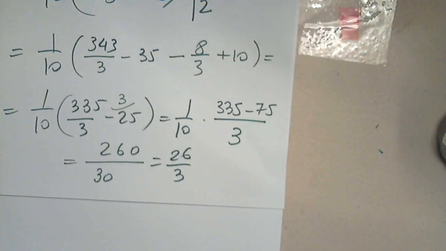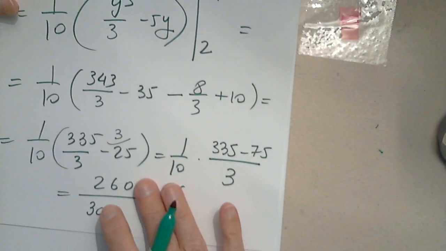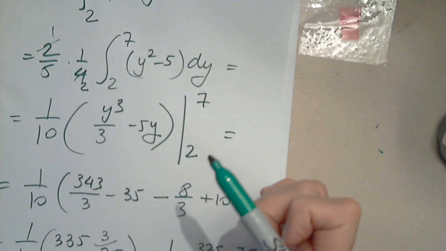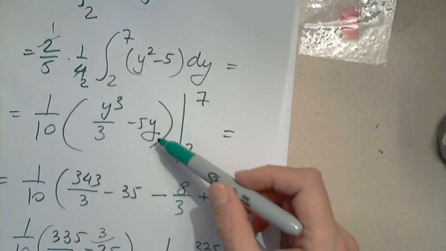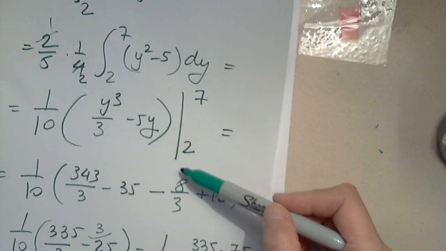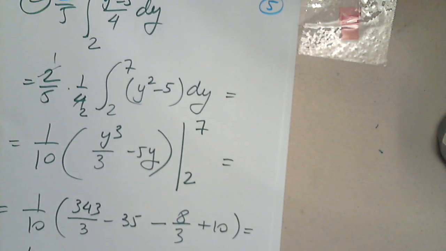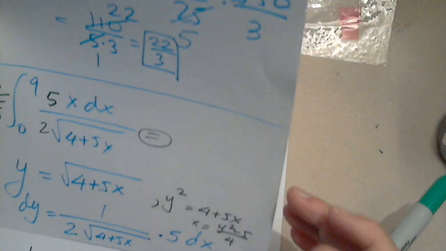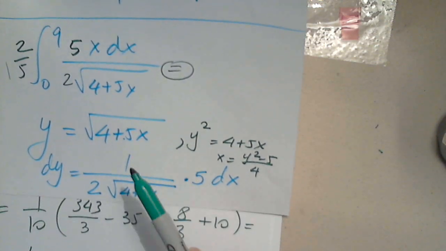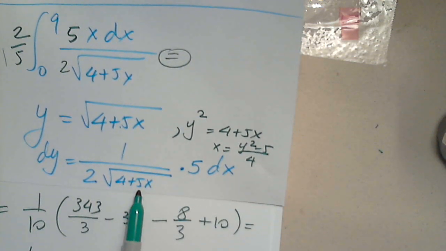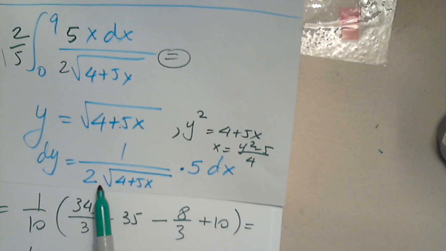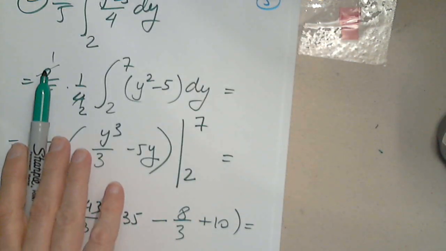22 divided by 3. I messed up something. And what did I mess up? The answer has to be the same. 1 over 2, the square root, 5 dx, 5 over 2, 2 over 5, yes.